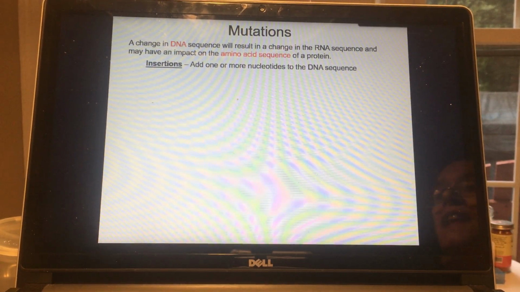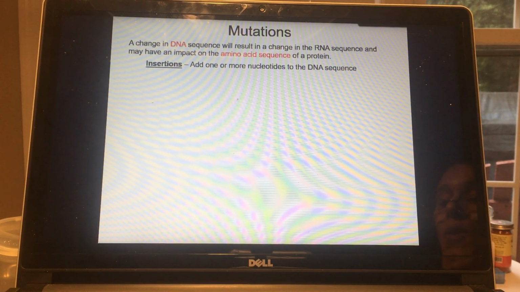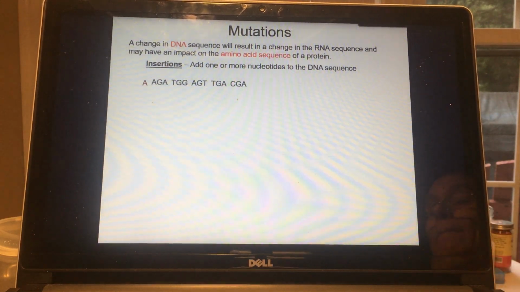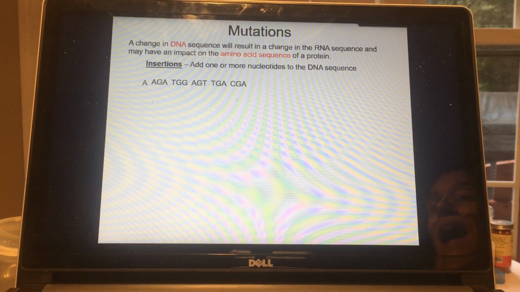So the first thing that can cause a mutation in a DNA sequence that we're going to talk about is an insertion. An insertion is when you end up with an extra base. And before we really talk about what would happen if this happens, I want to talk about what a triplet is.